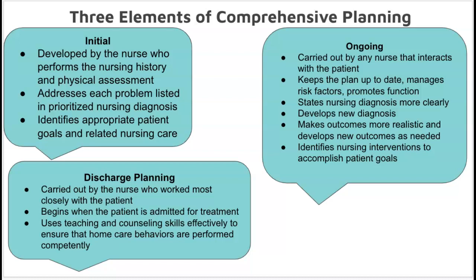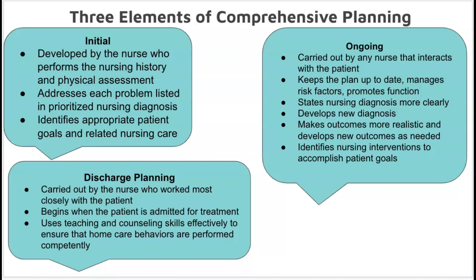Elements or stages of the first one is the initial, which is developed by the nurse who performs the nursing history, the physical assessment, addresses each patient problem listed, and prioritizes nursing diagnoses. They identify appropriate patient goals and related nursing care.